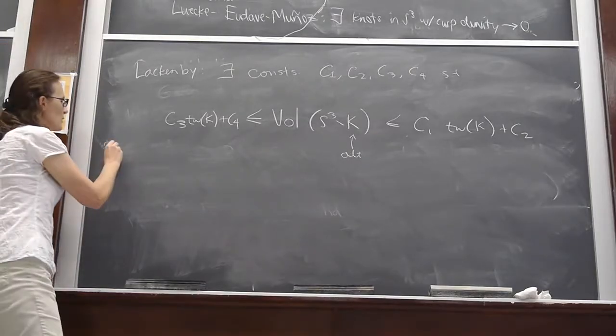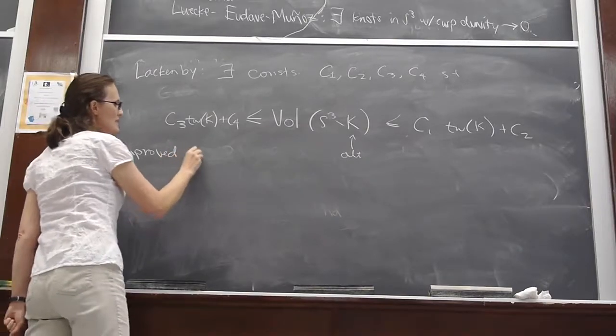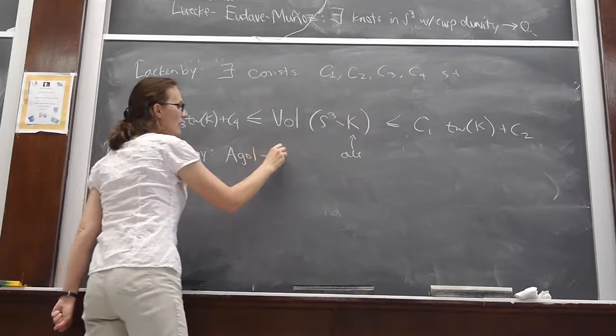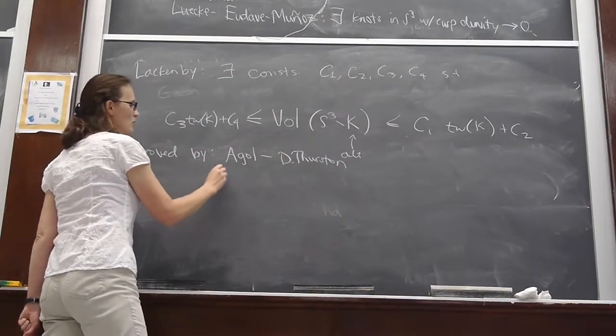I should say this has been improved by various people. These are explicit constants, the upper bound by Agol and Dylan Thurston, and the lower by Agol, Storm, and Thurston.